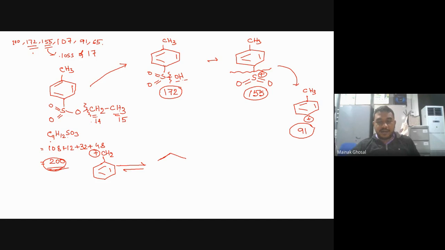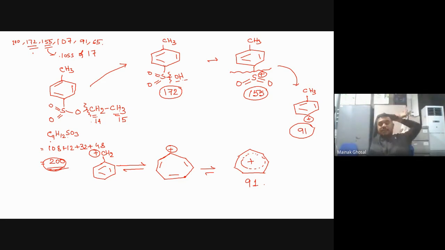The tropylium ion is a 7-member ring: 1, 2, 3, 4, 5, 6, and 7. There is a positive charge, and this is delocalized over the ring, which will look like this. And this generally gives a peak at 91.